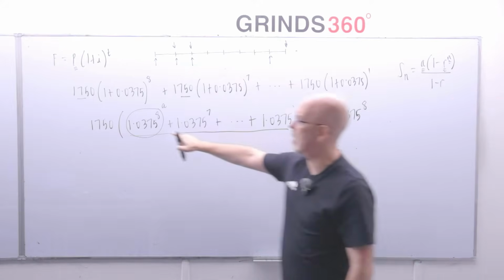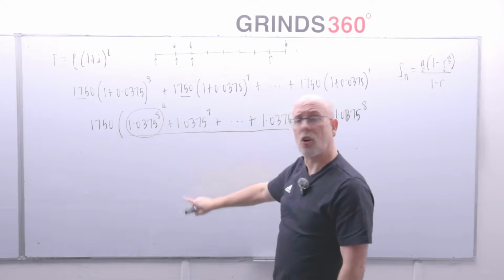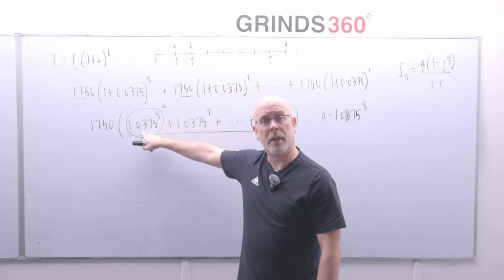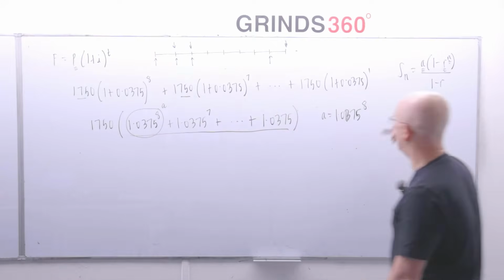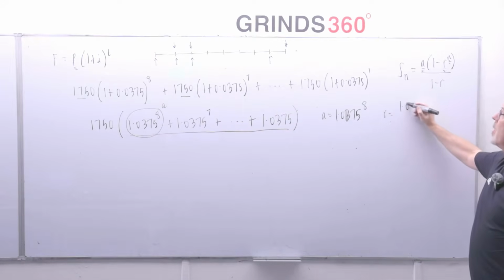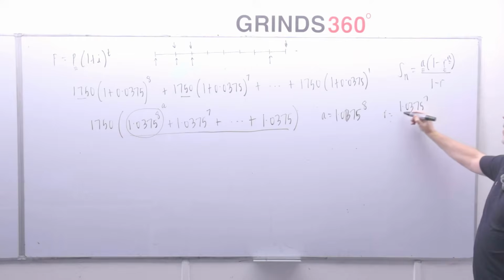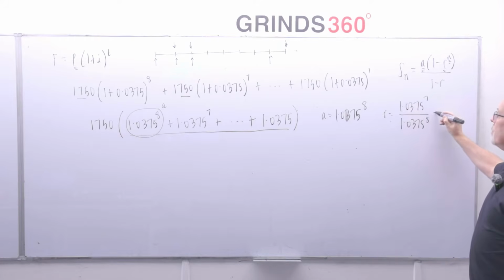It's the first term inside the bracket. And to find r, divide this guy by that one. So take any number and divide by the one before it, right? So if I divide those numbers across, r then is 1.0375 to the power of 7 over 1.0375 to the power of 8. Okay?